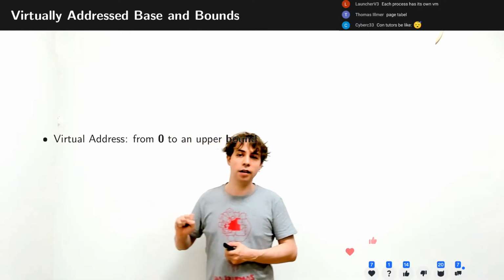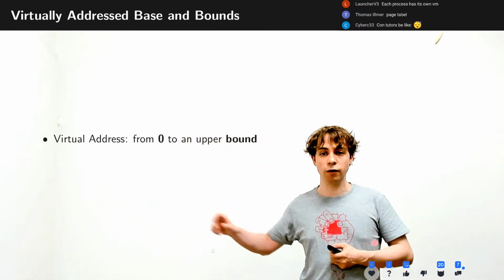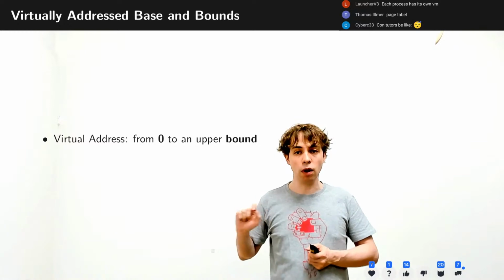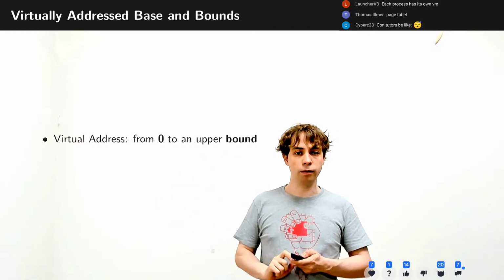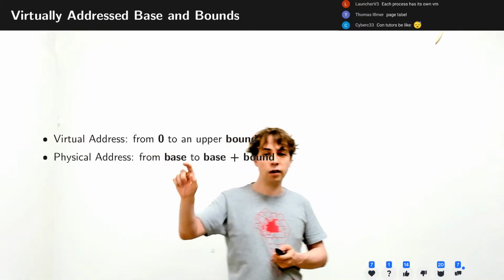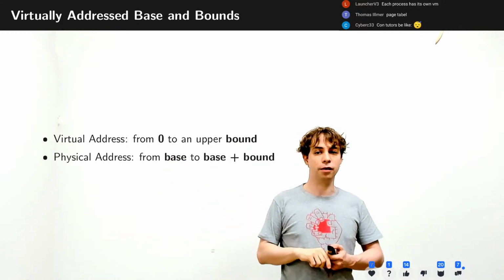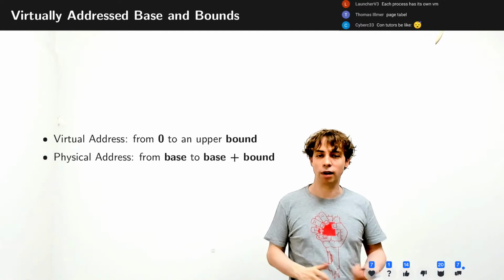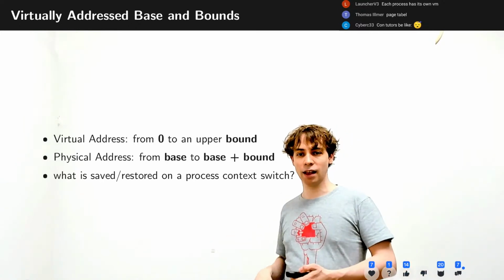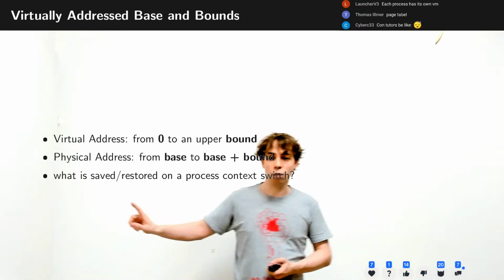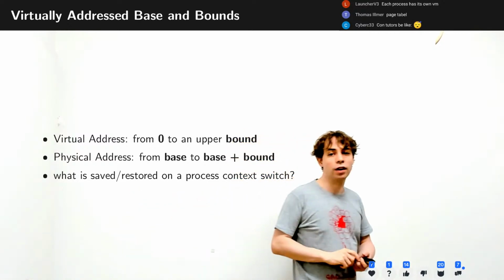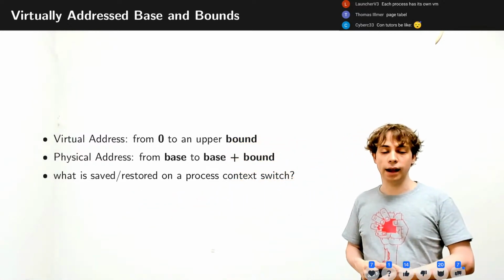Okay, let's talk about this a bit more. Now we have virtual addresses. Virtual addresses start at address 0 and go to an upper bound. The physical addresses, because this is so simple to translate, go from base to base plus bound. Very easy to translate, just an offset. The question that I have now for you is, what is saved and restored on a context switch?